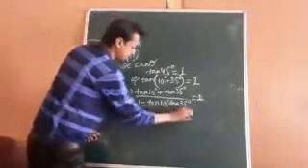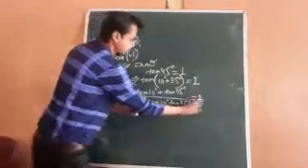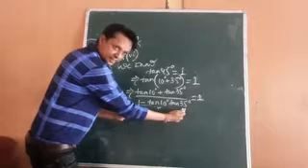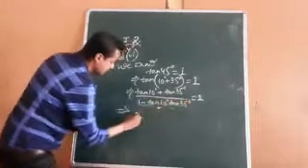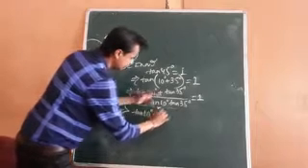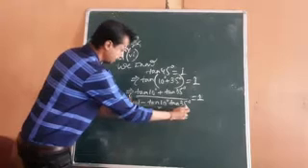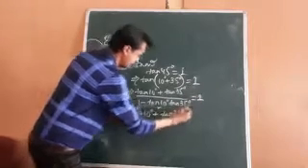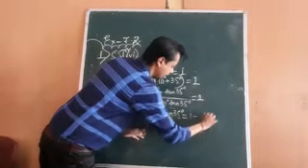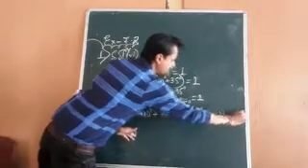So I will take this part to that side, and cross multiplying, 1 into this will be this itself. So tan 10 degree + tan 35 degree equals 1 into this part, which will be this part itself after cross multiplying. So you will be getting this.